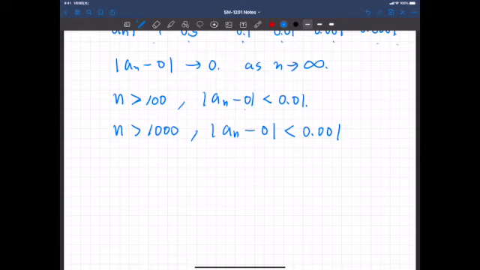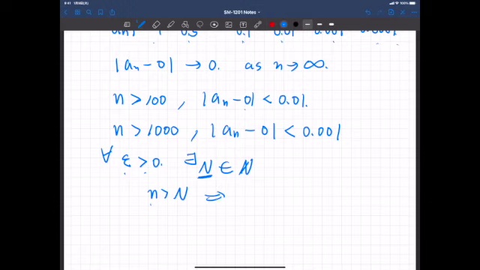For any small positive number epsilon, suppose epsilon is 0.0001 and so on, then for any positive real number, we can always find a natural number that is large enough such that if small n is greater than this capital N, then the difference between an and the limit is less than that epsilon.